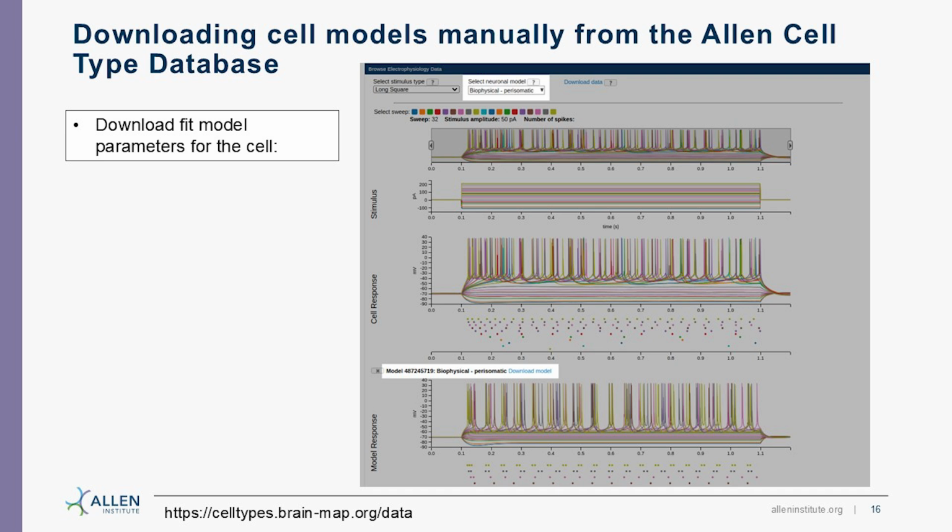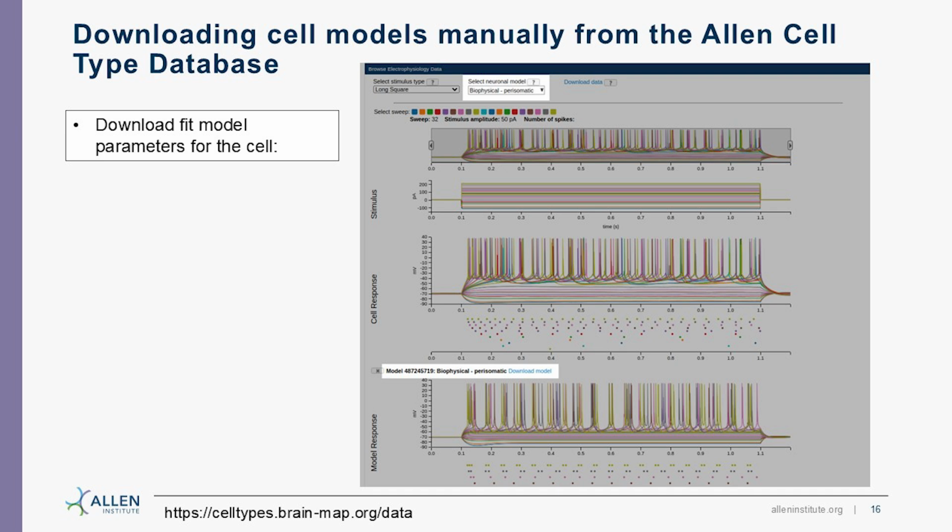And when you select here in this portion the model type, you will have several options, all the GLIF models that were fitted to that specific data, as well as the biophysically detailed models, which include perisomatic and all active. Here I selected the perisomatic, and it will pop up at the bottom the model with the specific model ID, and it will show you the response of the model for the same stimuli that you select for your experimental data.